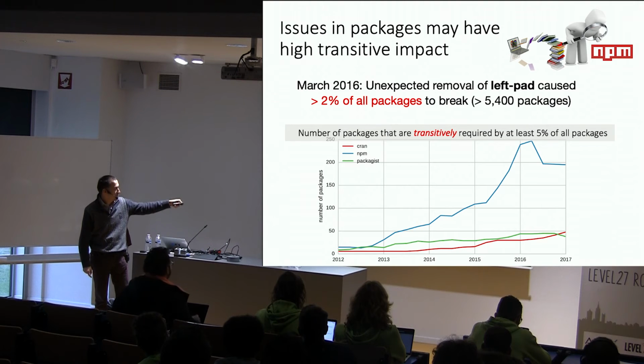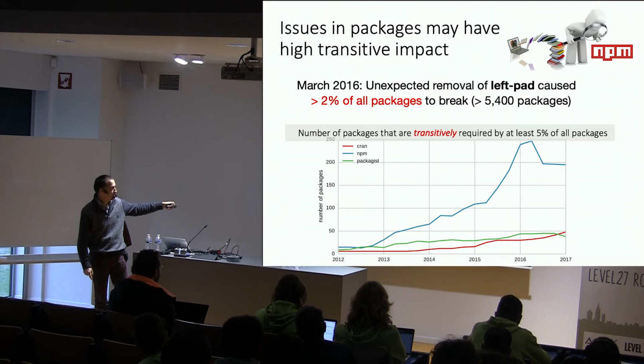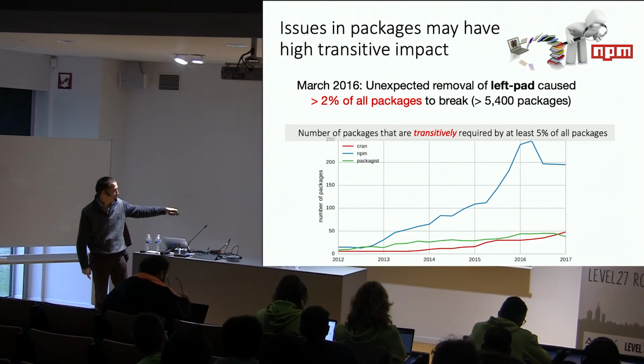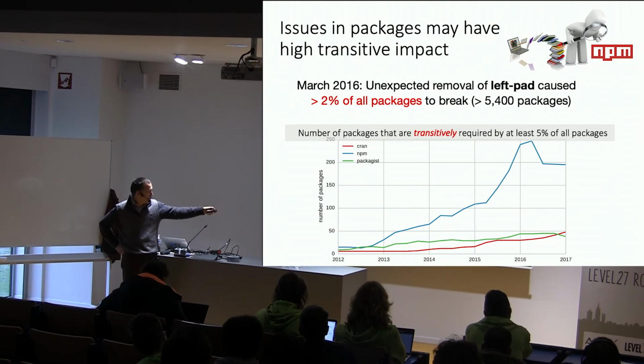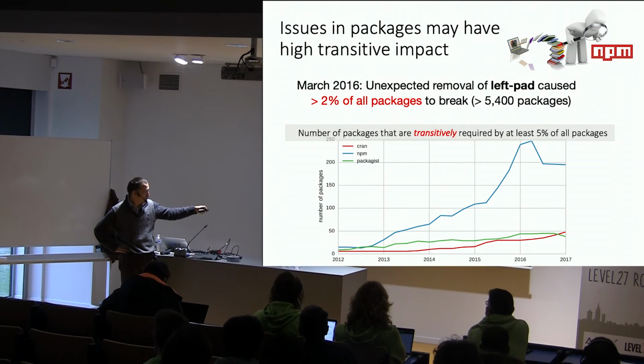But here you can see, again, this is for NPM, the number of packages that will be really fragile and might potentially break 5% of all other packages, directly or indirectly. You see how big it's growing for NPM, while it's stable for the other two, more or less stable. So there is really a huge impact because of the combination of transitive dependencies and stuff like this.